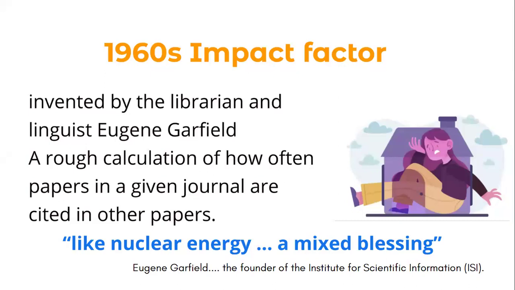So the original purpose of inventing the IF was as a tool to help librarians. You got it? It's not for assessing the quality of the research, or the quality of the journal itself. So this is the original idea behind the IF.